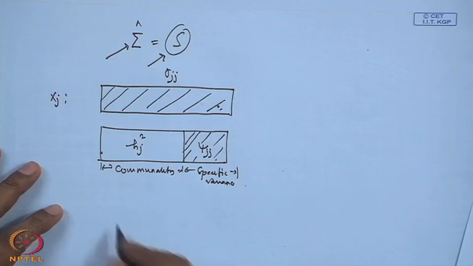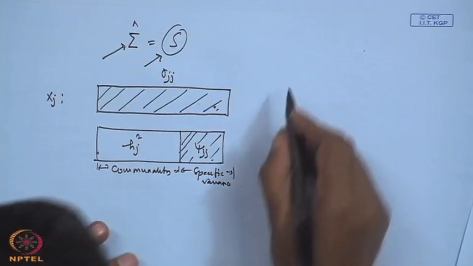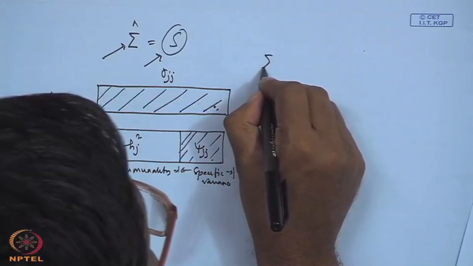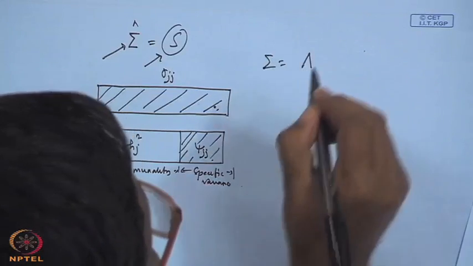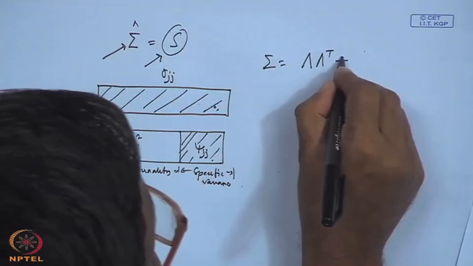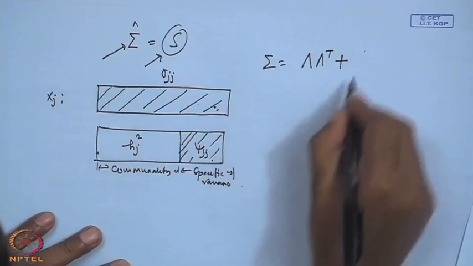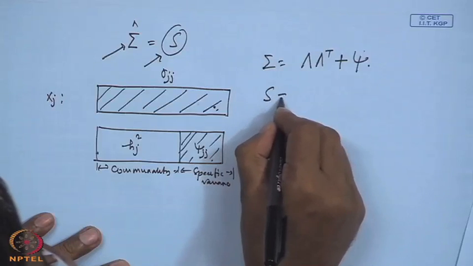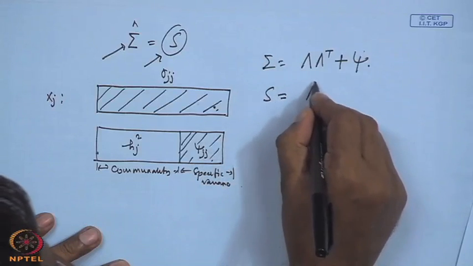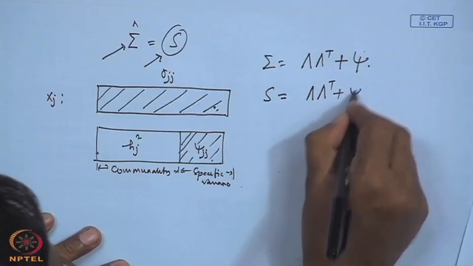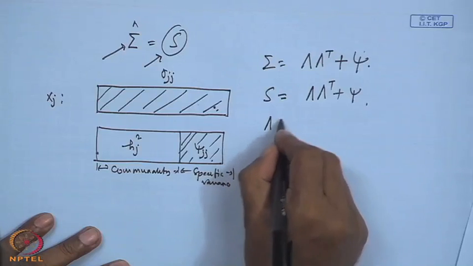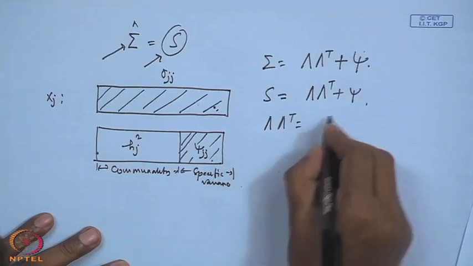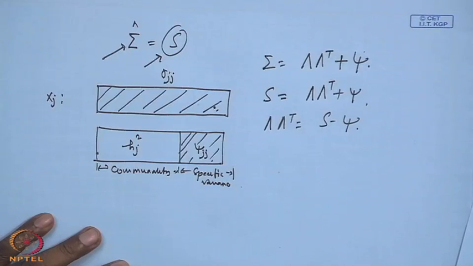Also you have seen that your sigma is lambda lambda transpose plus psi, or for S you can write S equals this plus psi. That means lambda into lambda transpose is S minus psi.